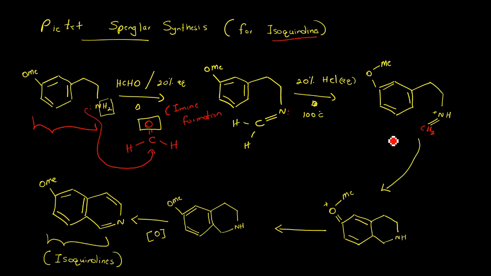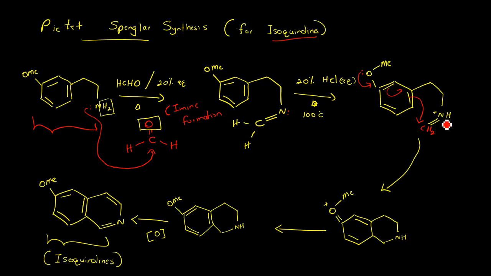For our next step, oxygen has a lone pair. This lone pair will come over here to form a double bond. When that happens, this double bond will push its electron density to attack this carbon.